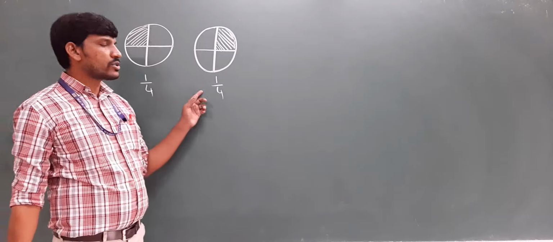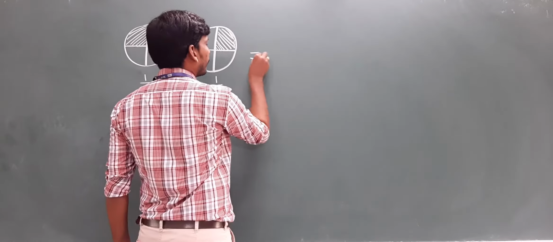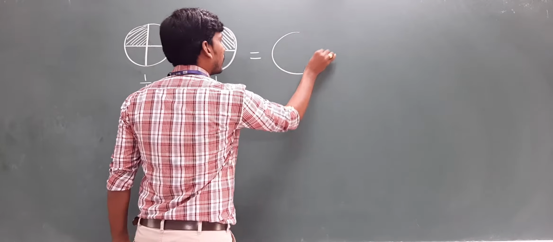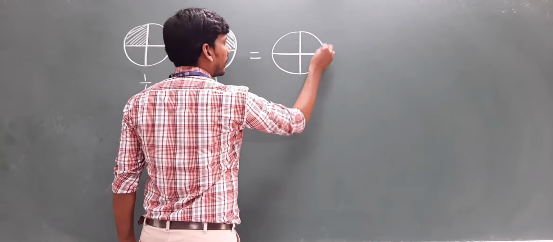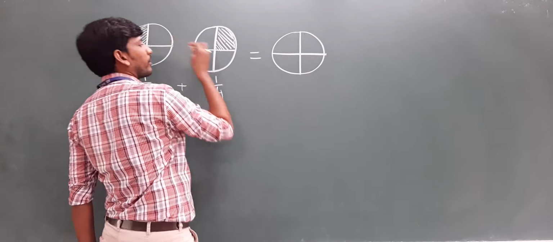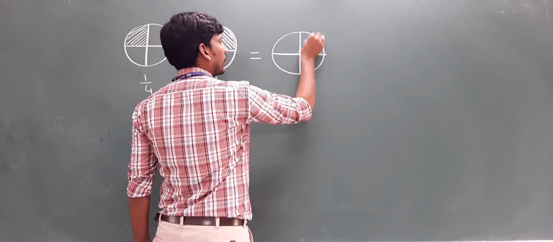Suppose by adding these two, what are you going to get? By adding these two, you are going to get one more circle, divided into four equal parts, and this part and this part I am going to shade here. Clear everyone?